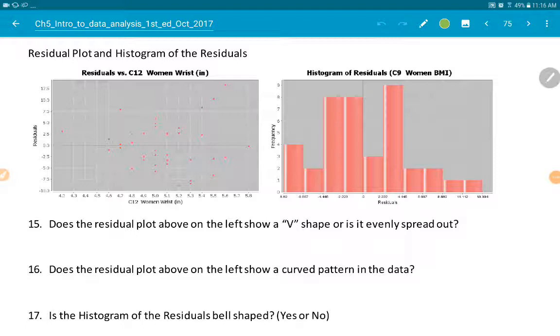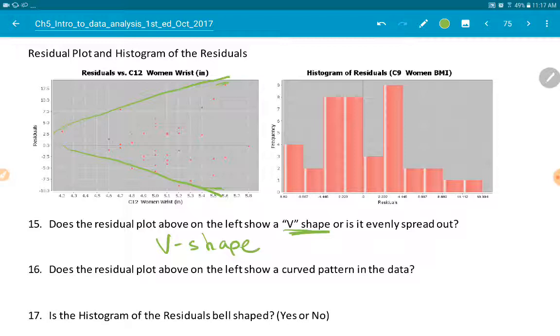But if you notice, the right side goes all the way up here to all the way down here, where on the left side there's one point here, so you can see kind of a fan shape here where the dots kind of fill in. So even though it is relatively spread out, there is a bit of a V shape, not too much of a pattern, but a little bit of a V shape here. So this one will say there is a V shape.